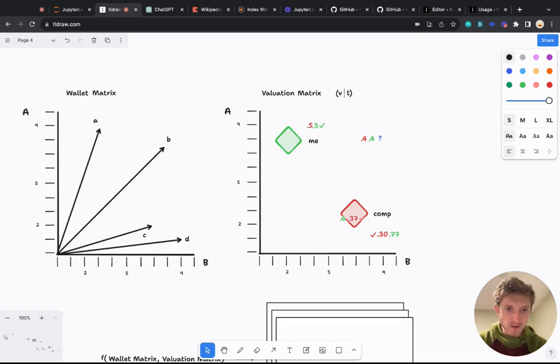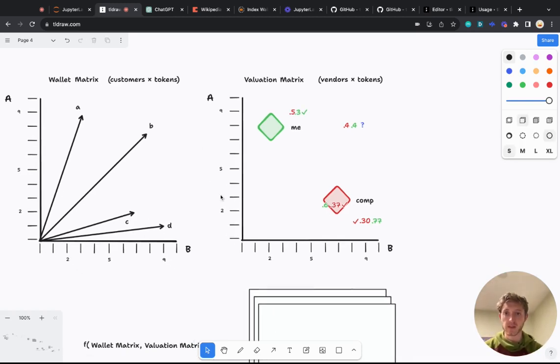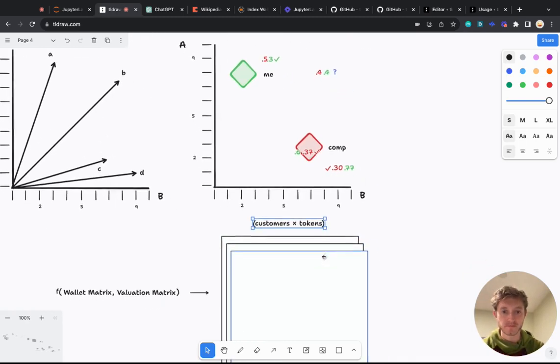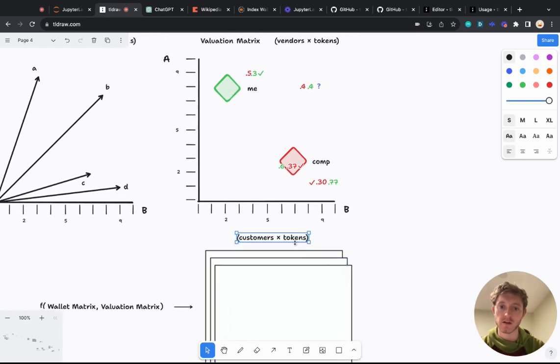It's funny that that's the same. So this is vendor by token. This is customers by tokens, really players. Yeah, it's got to be customers. Otherwise, we don't care about it. And then this one, it needs a name.